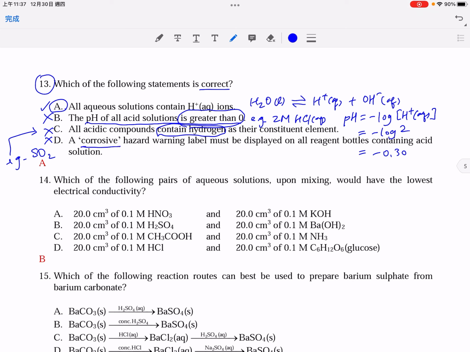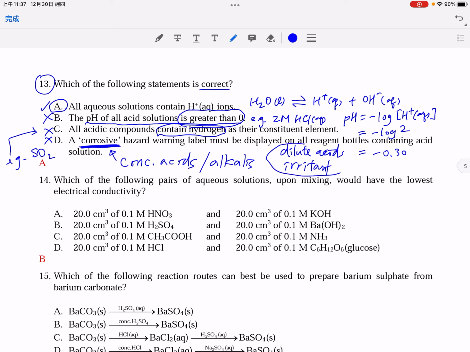Make sure you know that corrosive is referring to concentrated acids or alkalis. For dilute acids, normally we may put the hazard warning label irritant for dilute acids.